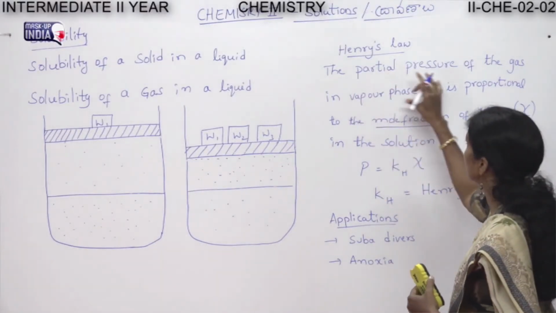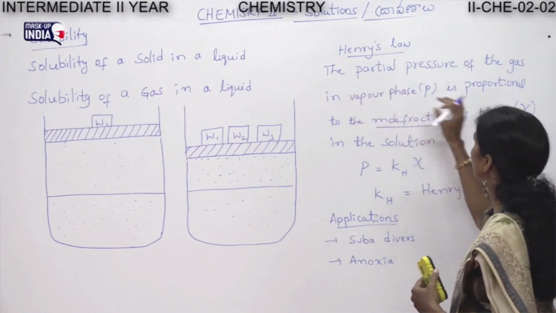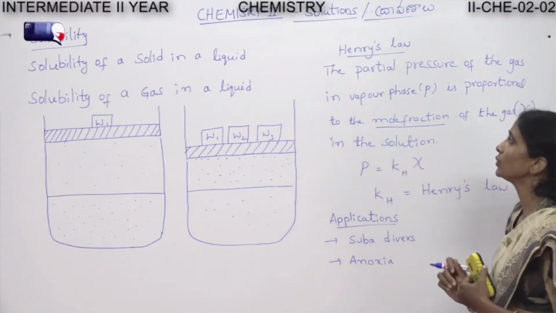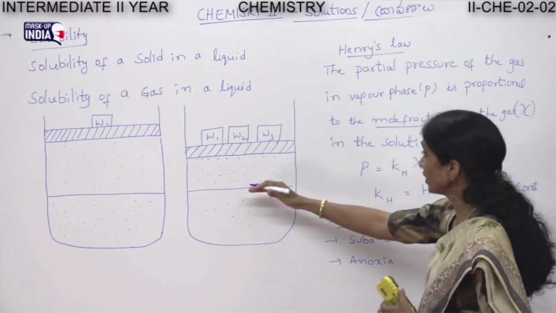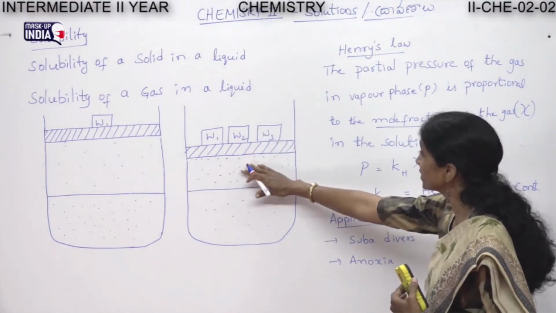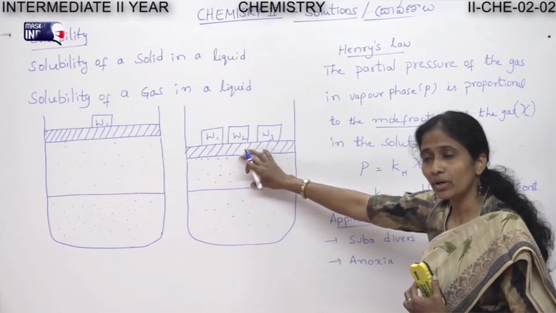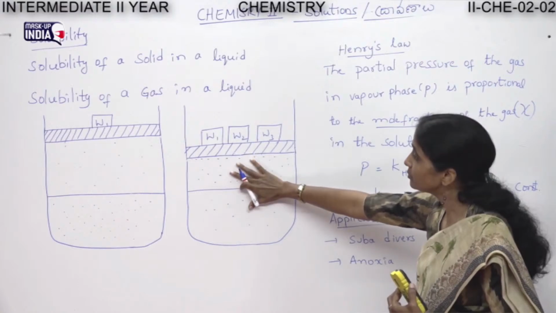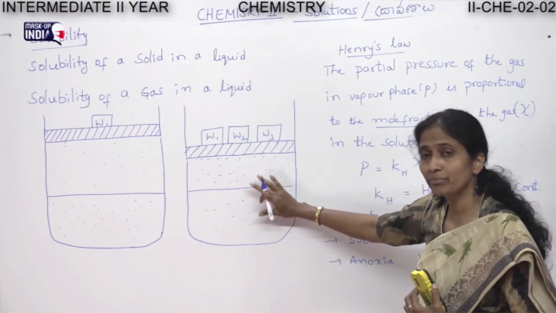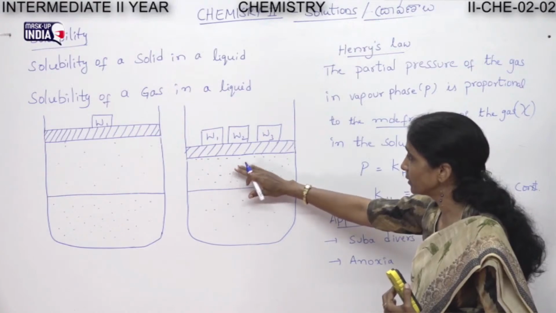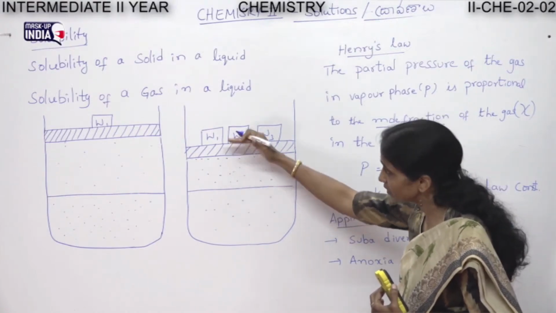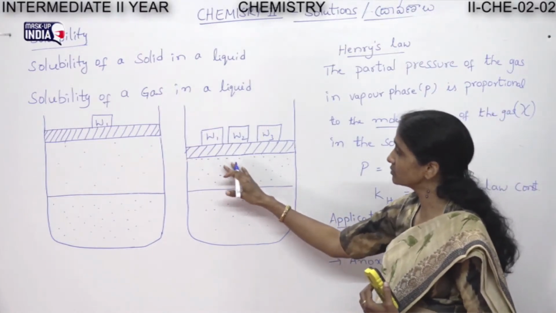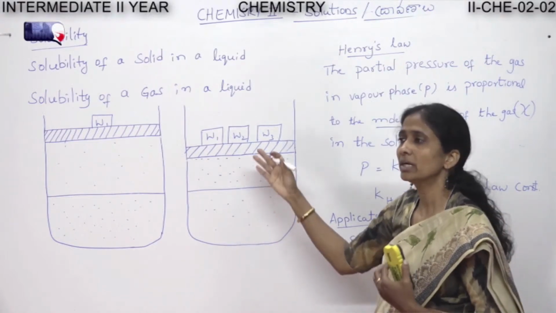The partial pressure of the gas in vapor phase is proportional to the mole fraction of the gas in the solution. When the gas molecules are in a container closed by a piston, the pressure increases, and at the same time these gas molecules will try to escape.